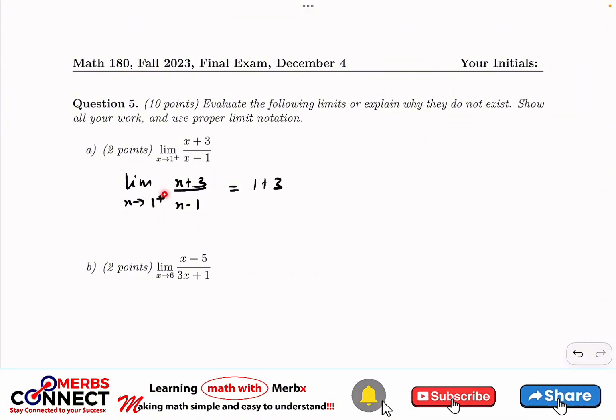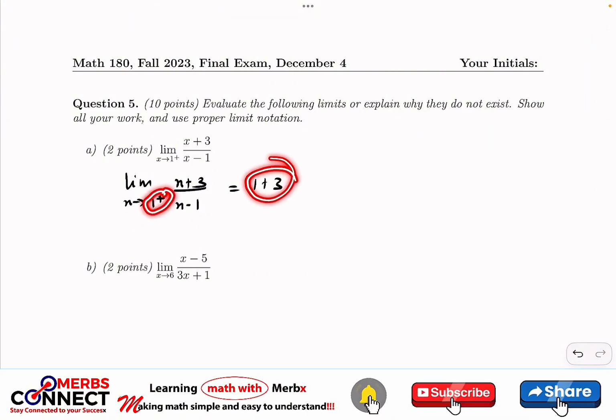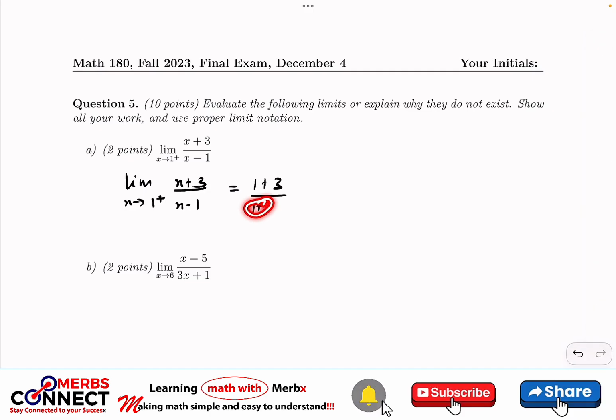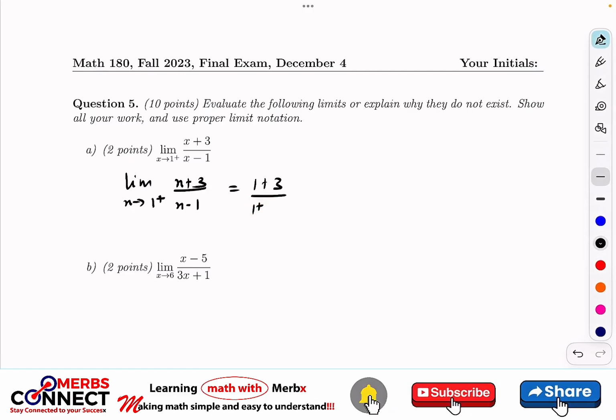You see that I'm not using the 1 positive on the top because when you are on top of the world, you're so happy, right? But when you are down, you are not happy. So let's use 1 plus here. The plus means it's going to help us indicate whether we are getting something 0, positive or negative. So this is going to be 1 positive minus 1, and the top is going to be 4.